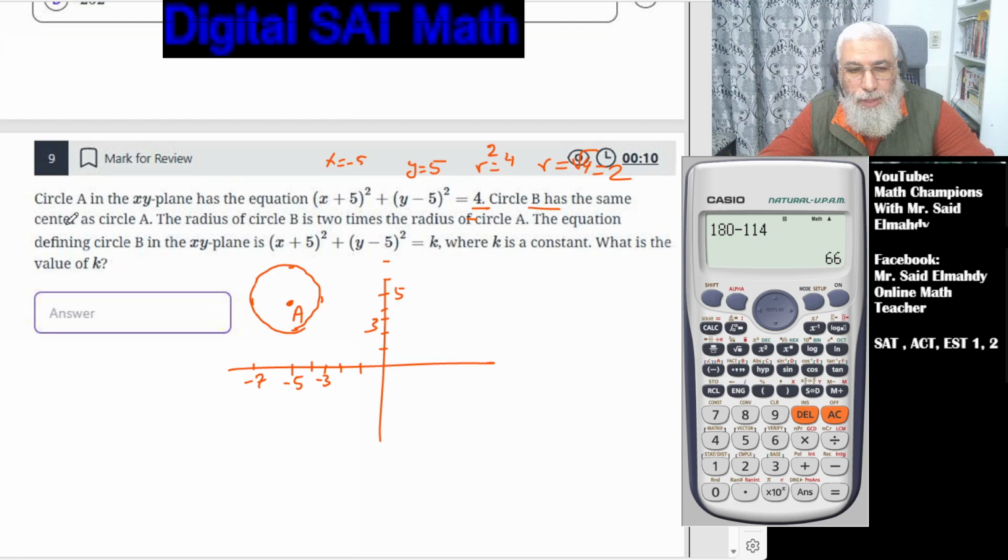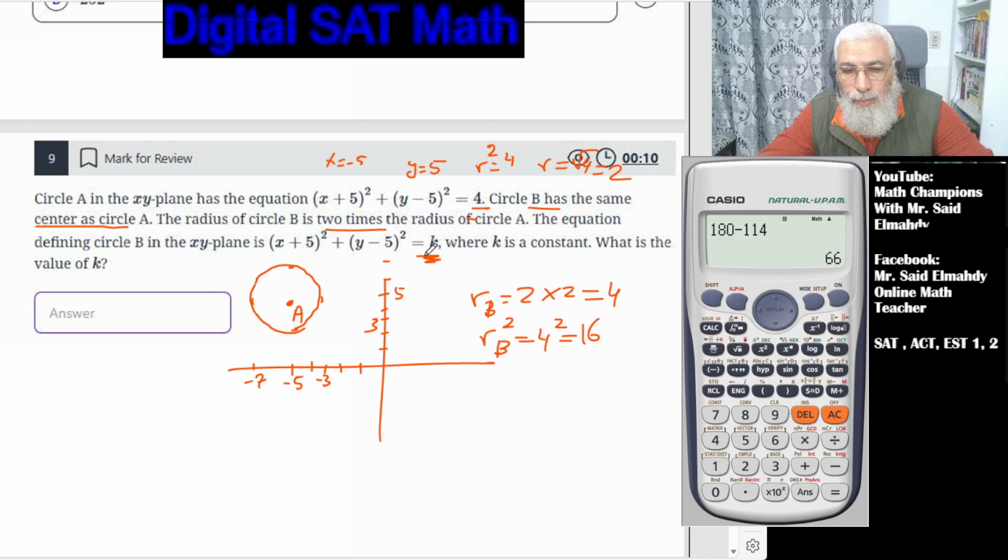Circle B has the same center as circle A. The radius of circle B is 2 times 2, which is 4. So radius B squared equals 4 squared, which is 16.